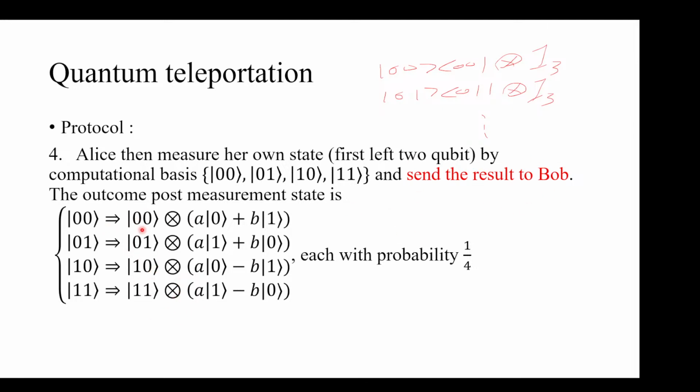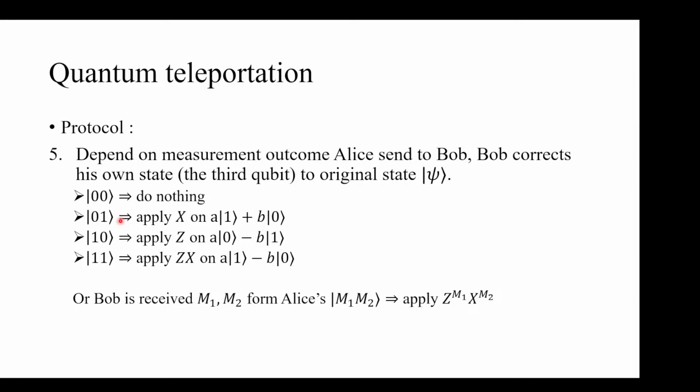Alice will say, I have either 0 0, 0 1, 1 0, or 1 1 here, so Bob will know which one of those states he has. Maybe Alice says, I measured 0 1, and Bob knows his state is A1 plus B0. Then he can just apply X on A1 plus B0, and that will turn the state into A0 plus B1. And for 1 0 and 1 1, Bob can do different corrections.